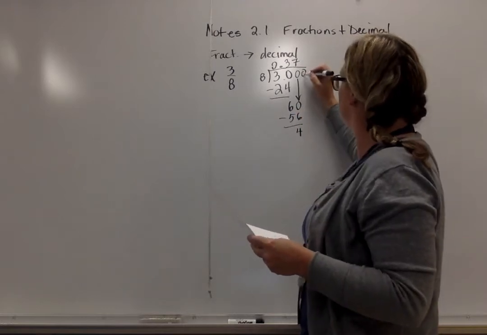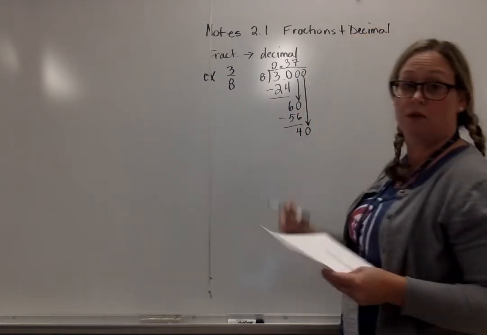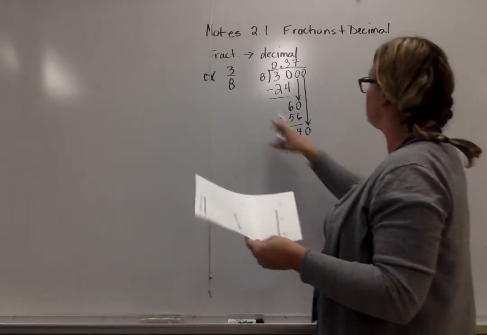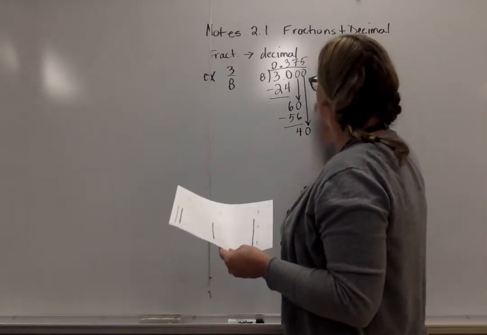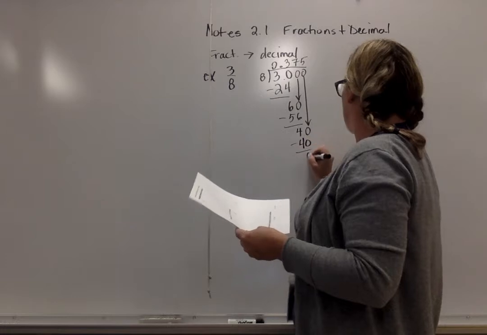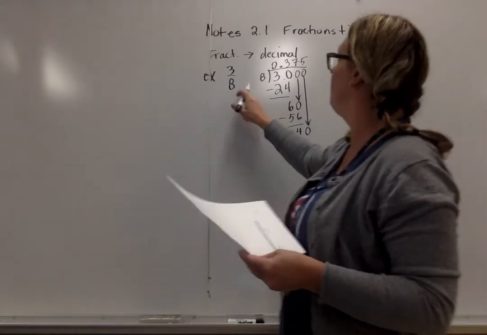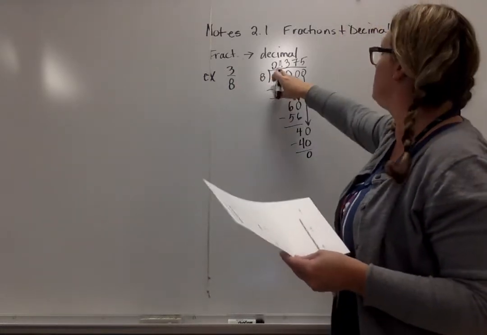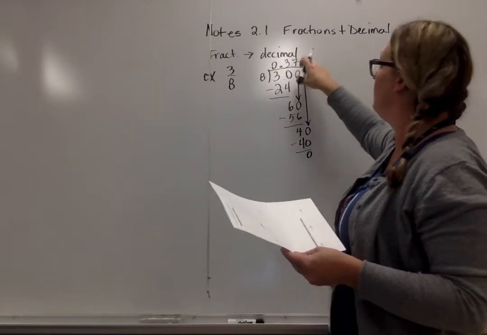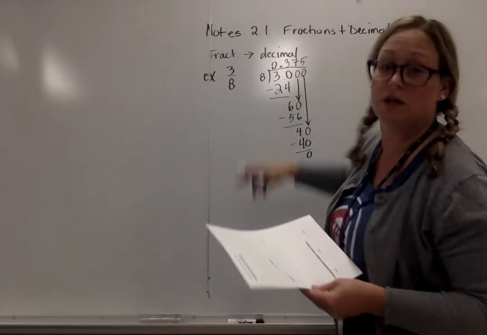I subtract. I keep bringing down zeros until it either repeats or terminates. 8 goes into 40 5 times. I have no remainder. So 3/8 is the same as 375 thousandths, or 0.375.